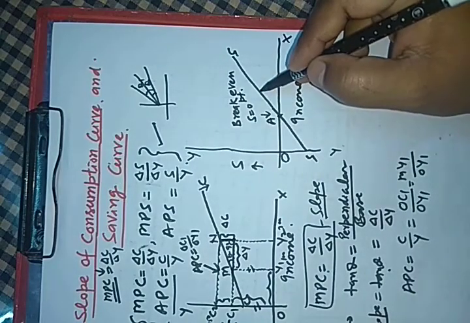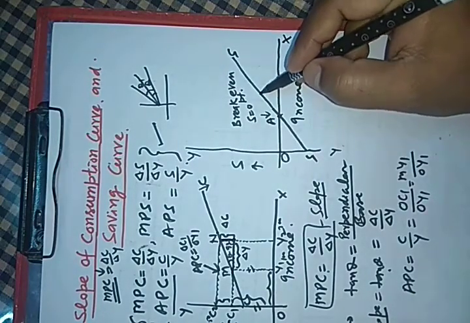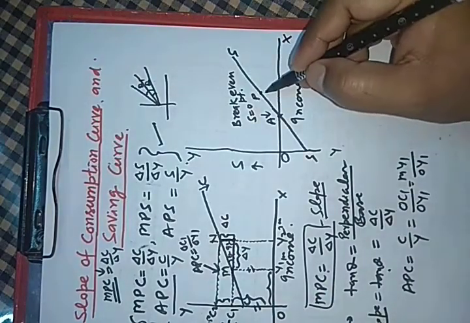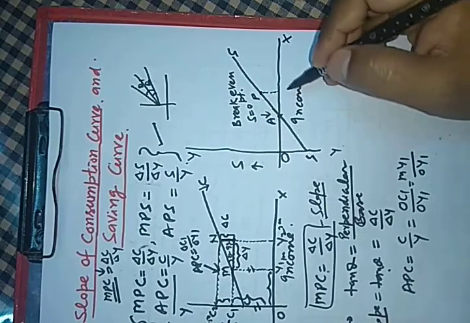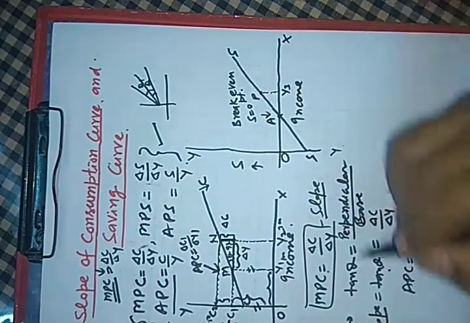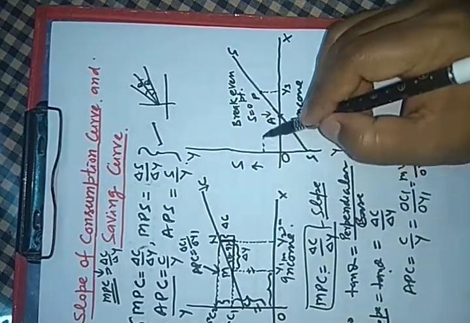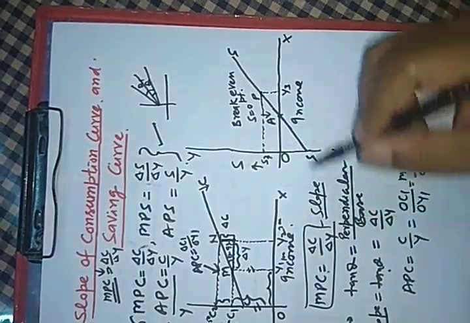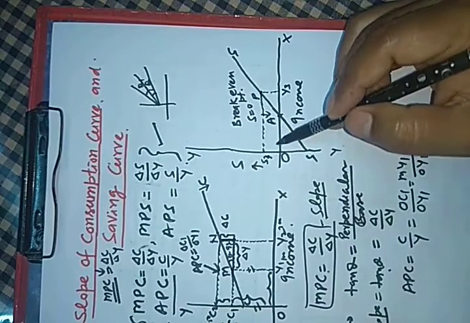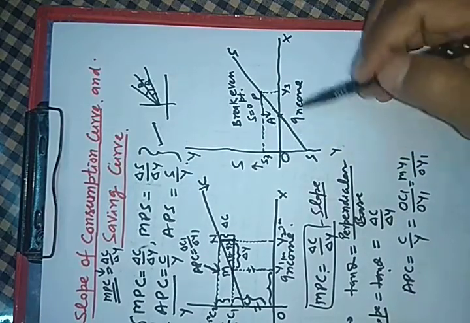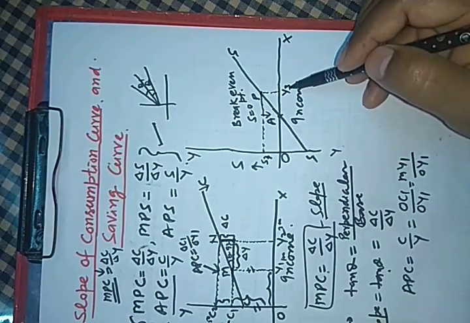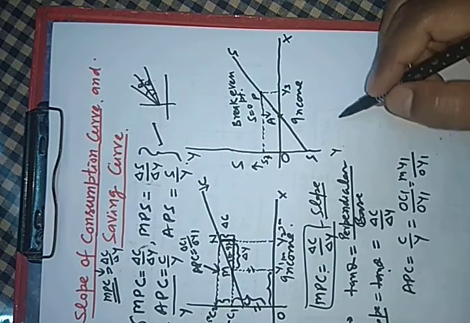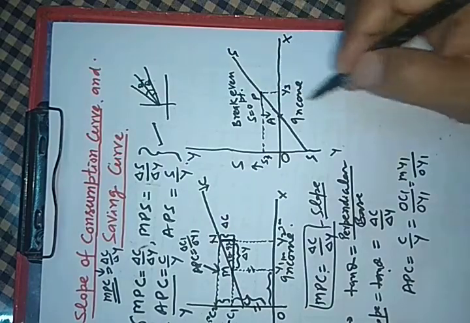If you have a point on the saving curve, suppose point P, okay, and at this point P, if the level of income is Y3 and the saving level is suppose S3, right, and the amount of saving is OS3 and the level of income is OY3, then you can easily find the value of APS.